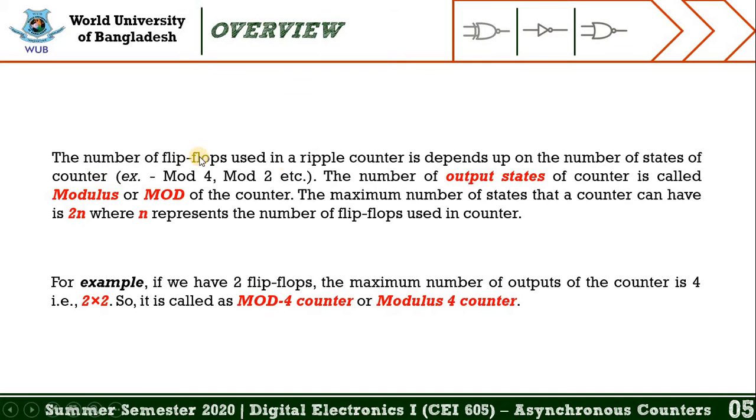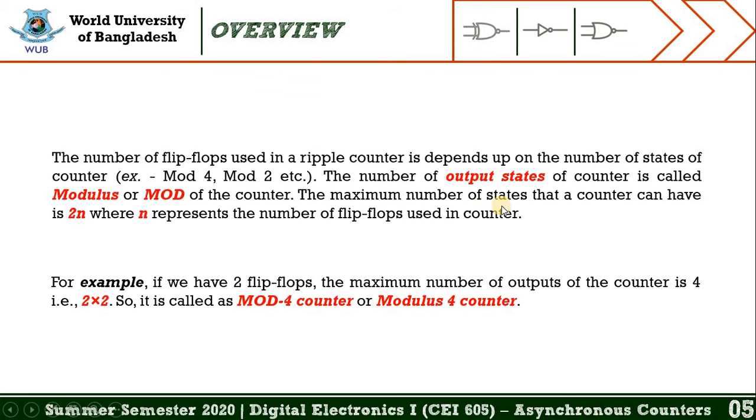The number of flip-flops used in a ripple counter depends upon the number of states of the counter, such as mod 4, mod 2, etc. The number of output states of a counter is called the modulus or mode of the counter.